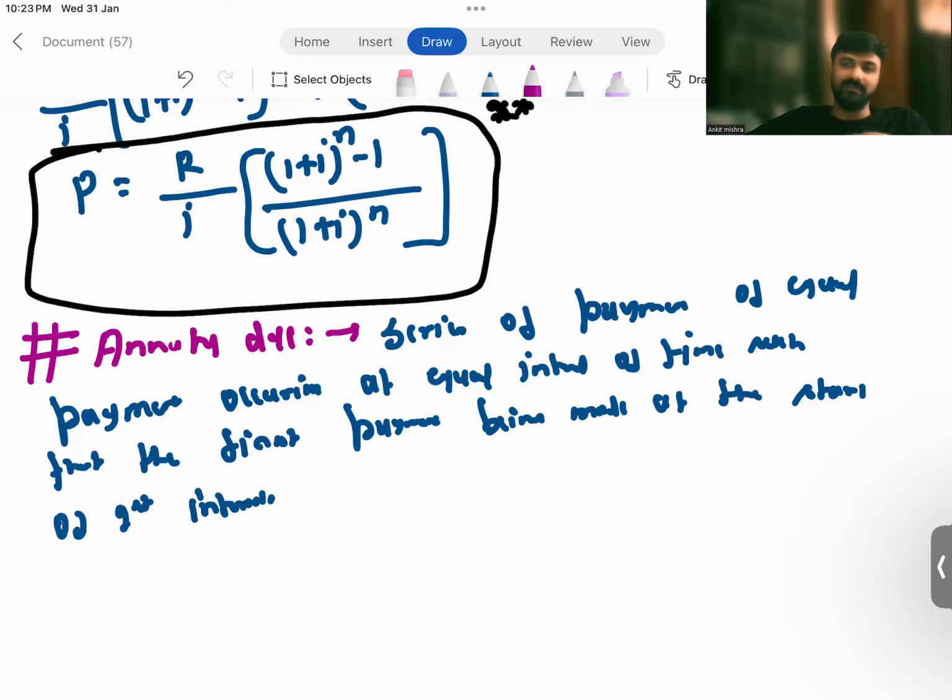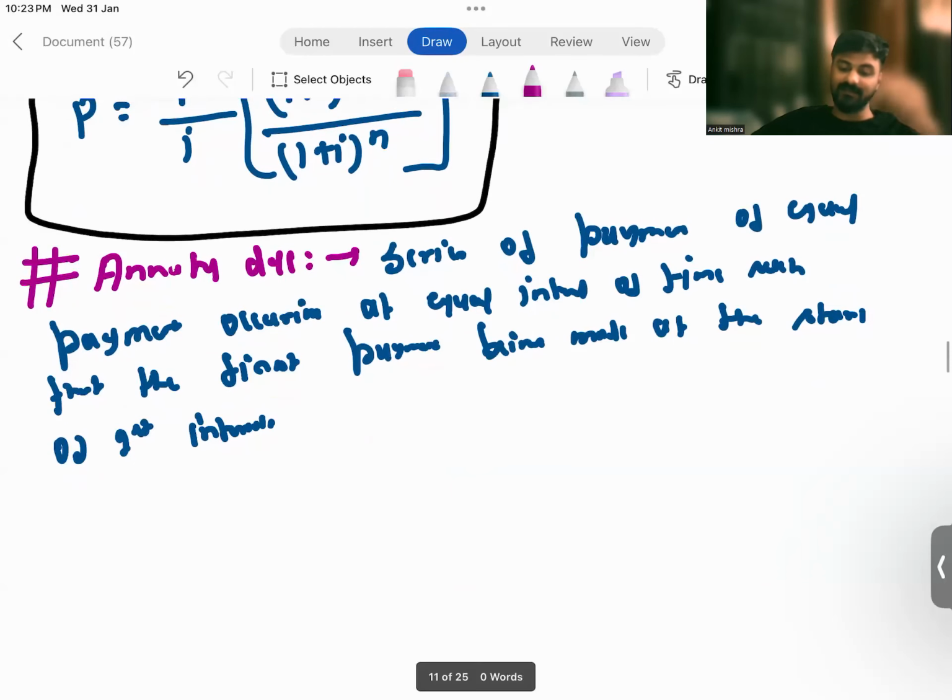That's it. In case of annuity, we have seen that the first payment is made at the end of the first interval, but here the payment is made at the start of the first interval.